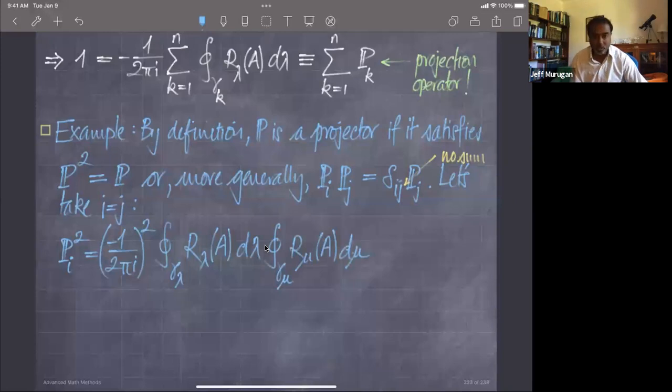So that's what I mean by P squared. Okay, I've just taken two of these.